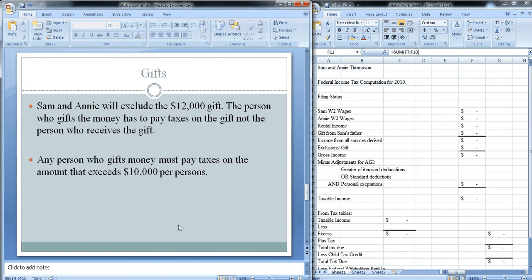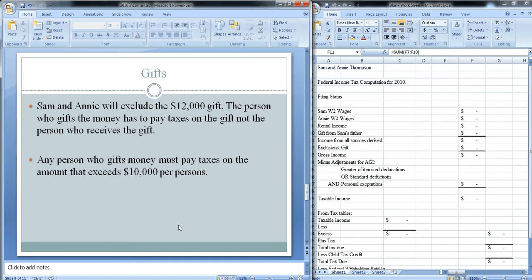This is a tax rule about gifts. Sam and Annie will exclude the $12,000 gift. The person who gives the gift has to pay taxes on the gift, not the person who receives the gift.